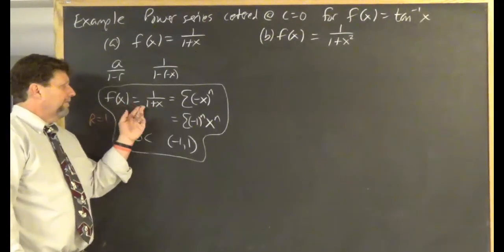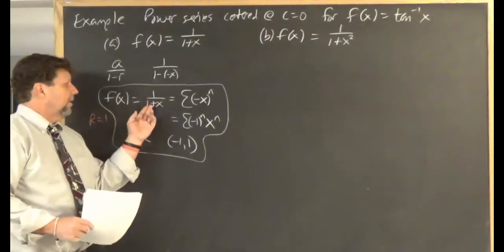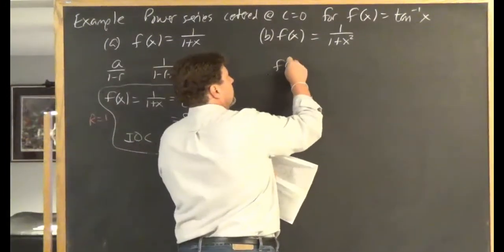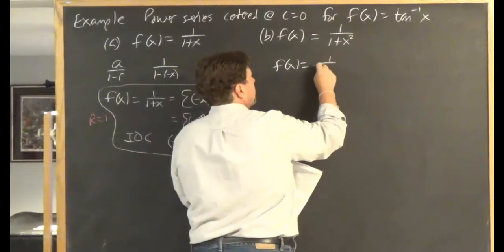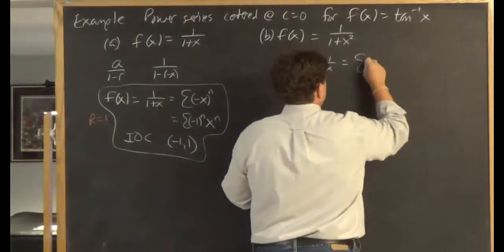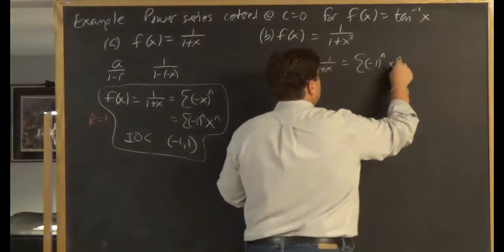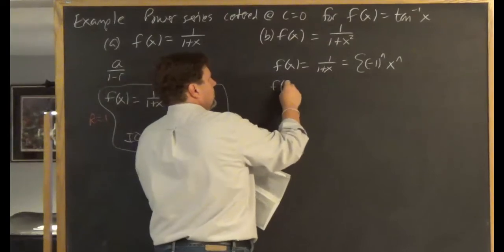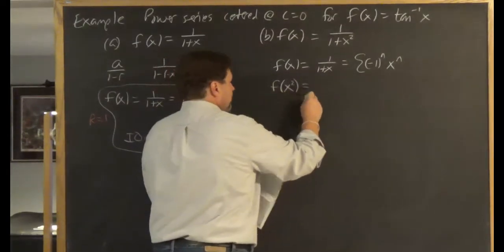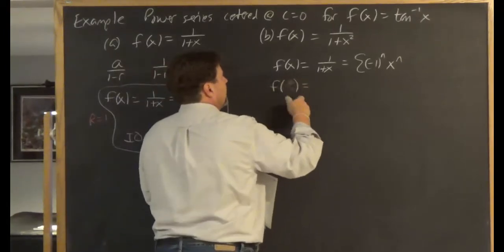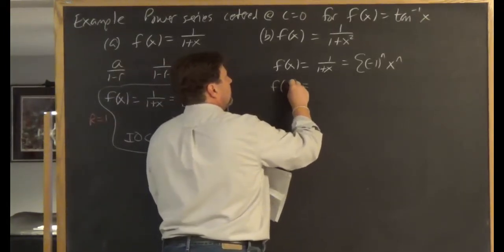So if you know f of x is 1 over 1 plus x, and it has the power series, look at f of x squared. You know what? Let me even put this in red.